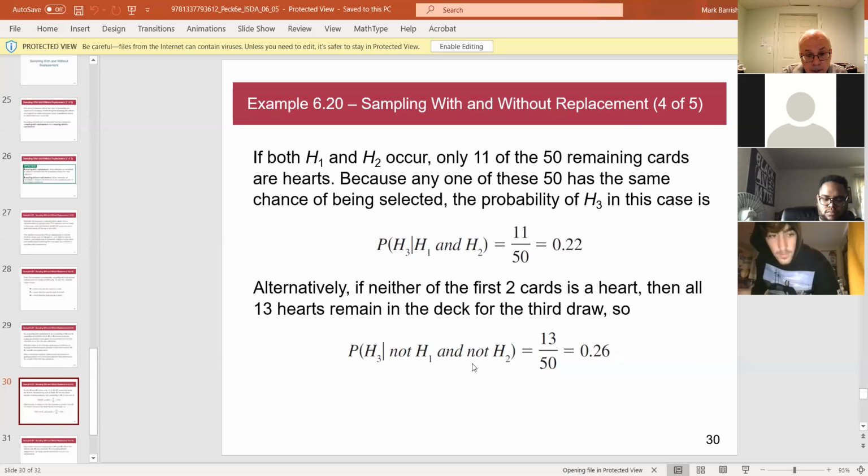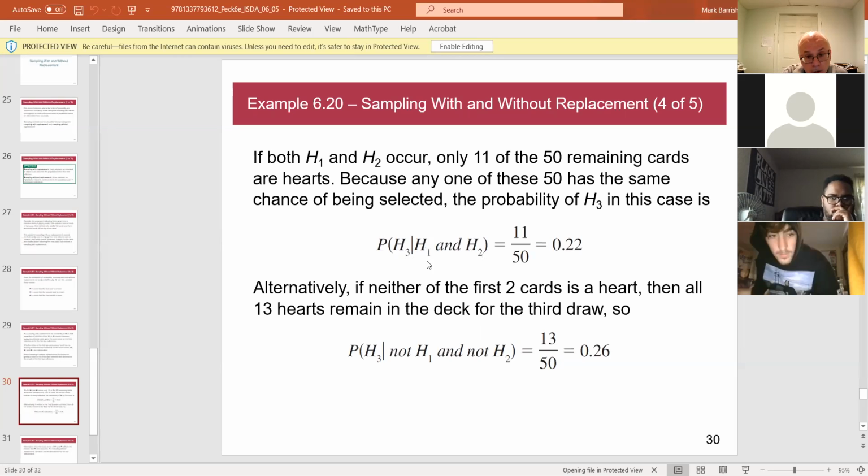All right, this looks like it's getting a little complicated here, but as you can see, what's the probability, for example, of the third card being a heart if the first two cards were hearts? That's what it's saying here. Well, how many hearts are there in a deck?